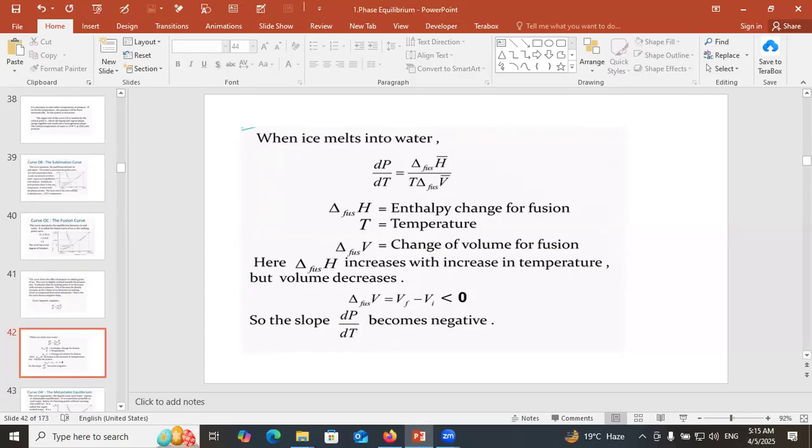Delta H fusion increases with increase in temperature, but volume decreases. Delta V fusion equals Vf minus Vi, which is less than 0. So the slope dP/dT becomes negative.